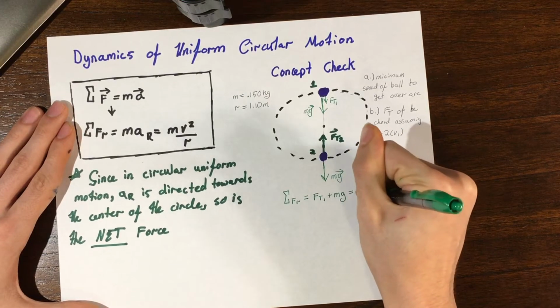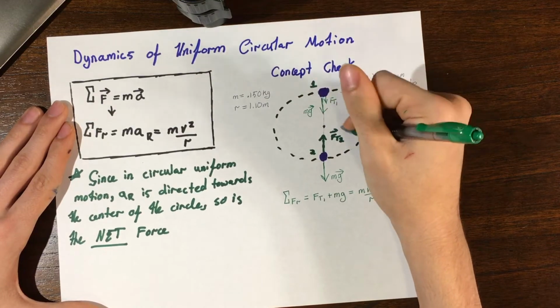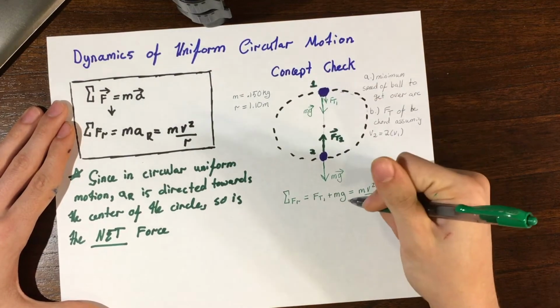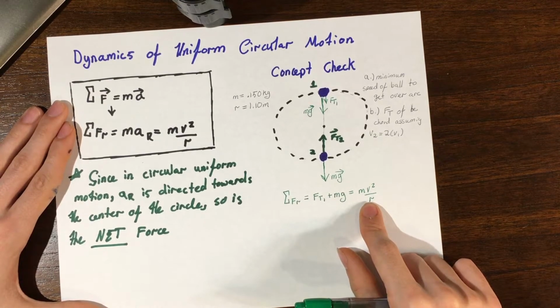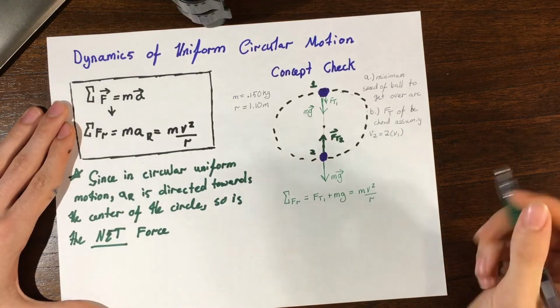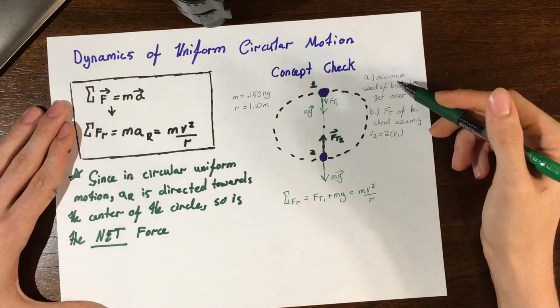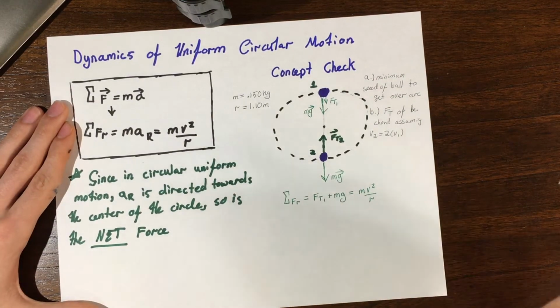This is equal to mv squared over r, since we know it is moving in a circle and these forces are acting radially, so we must set it equal to the radial acceleration.